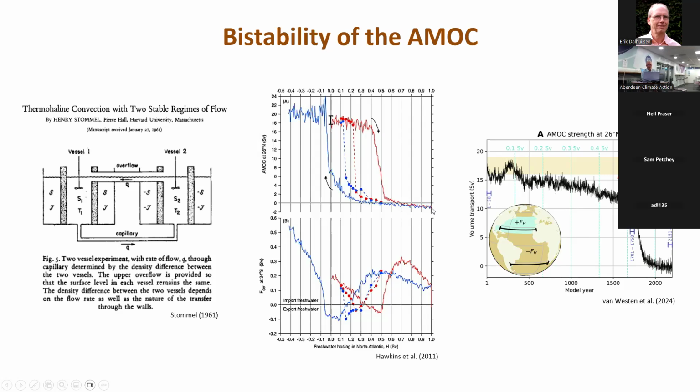And then what happens if we turn the freshwater forcing back down, moving back the other way on the blue curve now? If we turn the freshwater forcing down, we might expect to hit the same threshold and the system flips back again. In fact, that's not what happens. We have to reduce the freshwater forcing to 0 or even make it negative, that is, we are extracting fresh water from the North Atlantic, before the system reverts back to this on state, or this strong AMOC state.